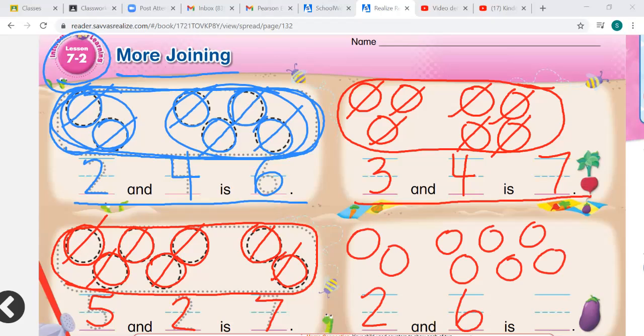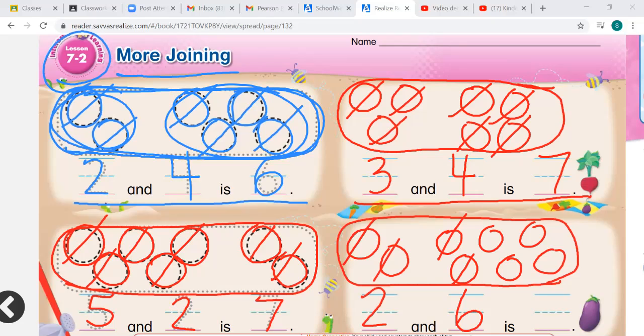How many eggplants in all? Let's join our 2 groups, and let's count them. 1, 2, 3, 4, 5, 6, 7, 8. 8 in all. All right, let's turn our paper over.